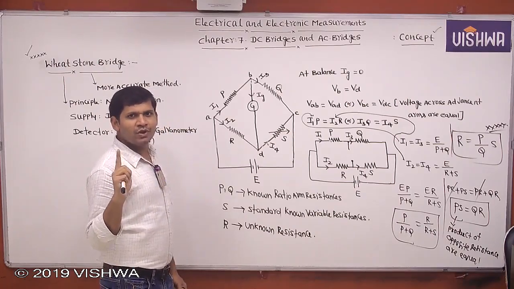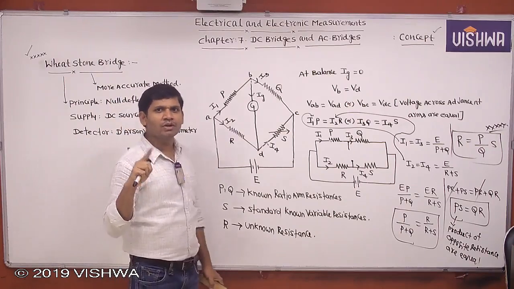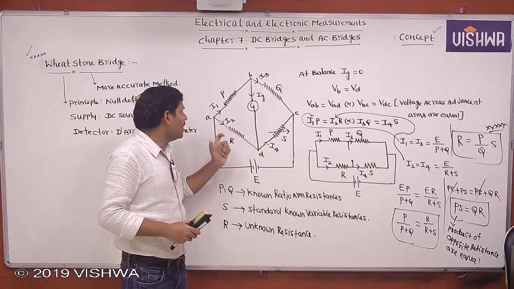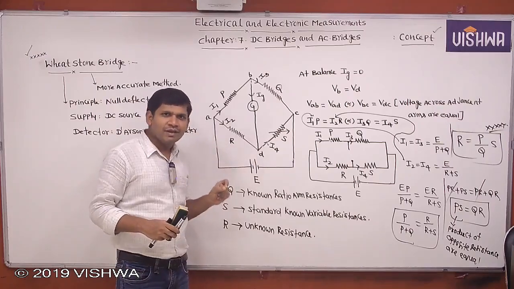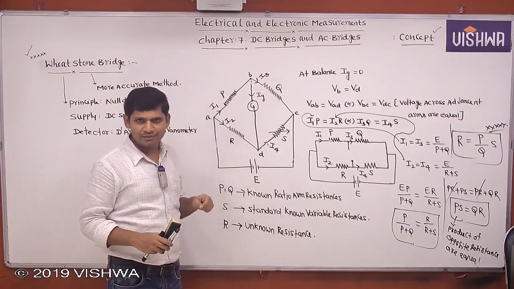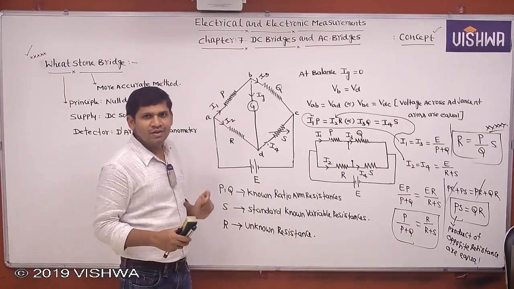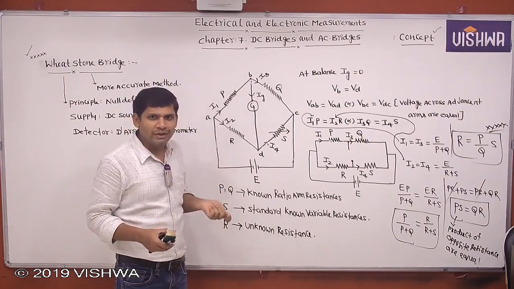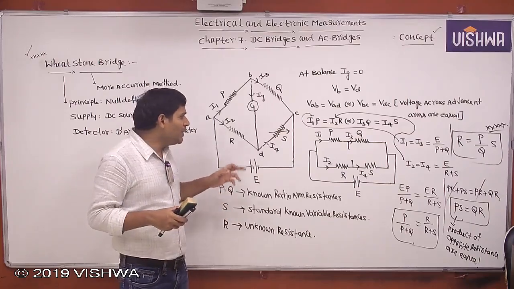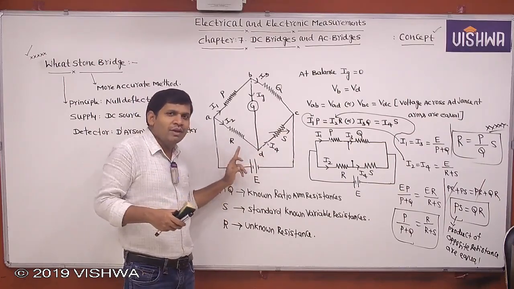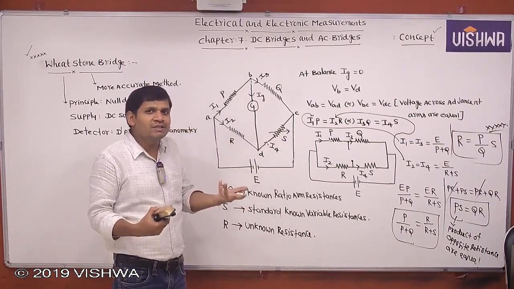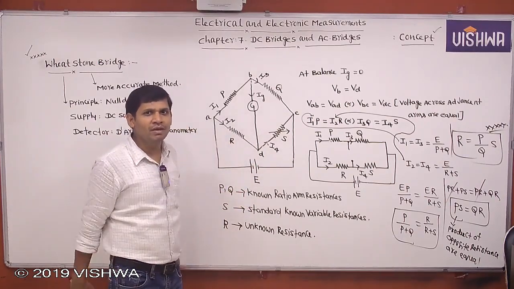The statements you remember with respect to ratio arm bridge and product arm bridge: in any bridge, if the unknown and variable are adjacent, then it is called a ratio arm bridge. If the unknown and variable are opposite, then it is called a product arm bridge. In every bridge you don't expect the same arrangement; in some bridges they may be adjacent, in some opposite.